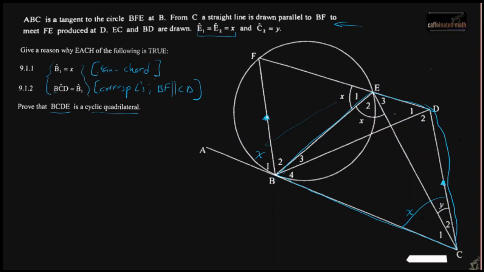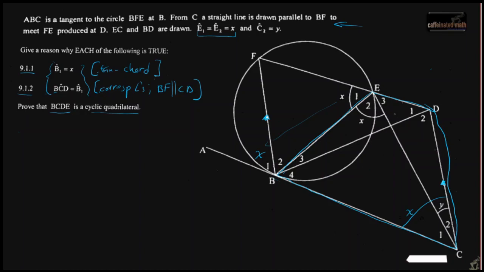But something that we can take advantage of in terms of my astonishment is that what we were asked in 9.1.1 and 9.1.2 over here actually is the proof required for BCDE to be concyclic. So what do I mean by that?